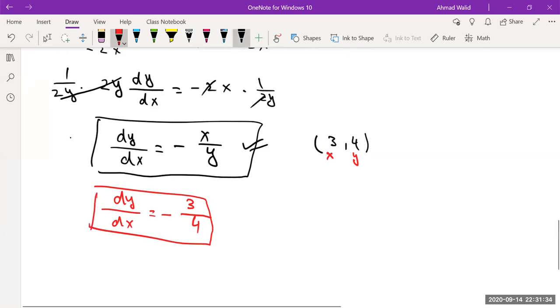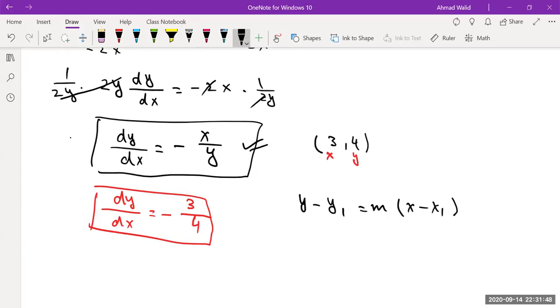Now, my next step is to write the equation. I will use the point-slope formula. y minus y1 equals m times x minus x1. Then y minus y1, how much is y1? 4. Equals m. m is negative 3 over 4, times x minus x1, where x1 is 3.